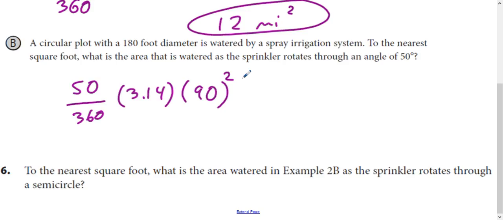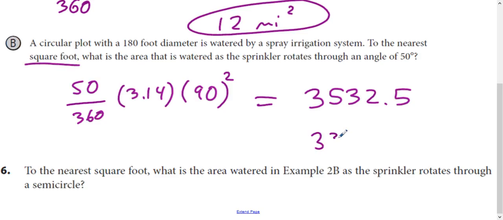You multiply that all out, 90 squared first, and then divide by 360. You get 3532.5, and it says to the nearest square foot, so you'd round that up to 3533 square feet.